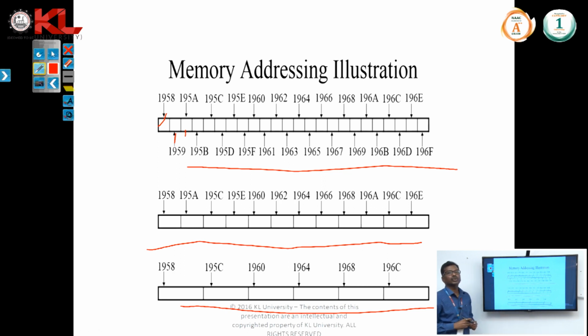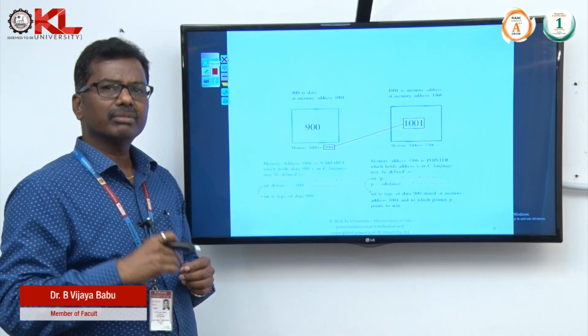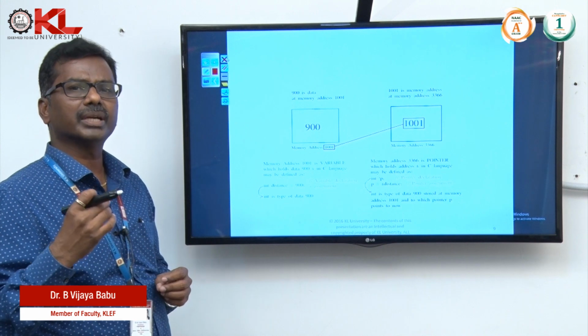All these locations are numbered, identified by means of hexadecimal numbers. I repeat once again, the address locations in a computer memory are identified or denoted by hexadecimal numbers.